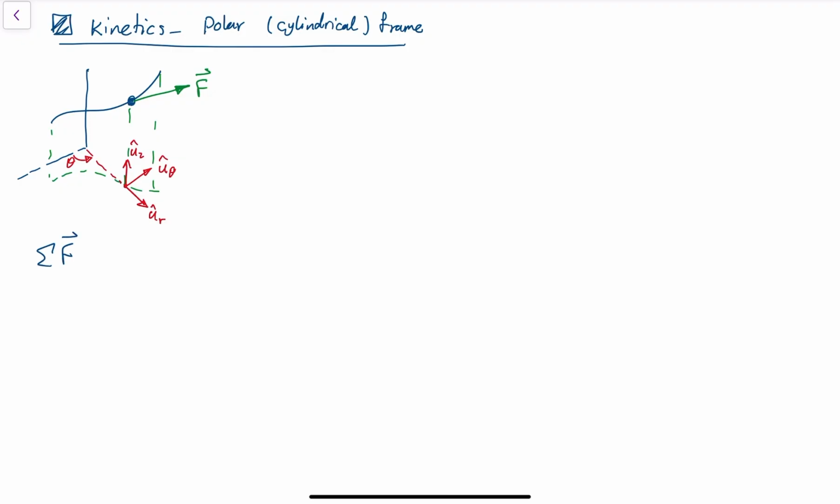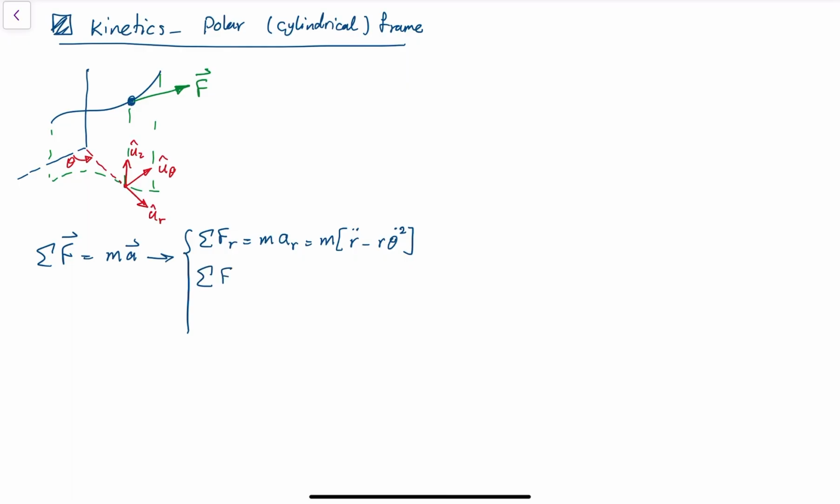So if you have force equals mass times acceleration, you can decompose it along the three axes. Sum of forces in the radial direction equals mass times acceleration in the radial direction, and we saw it was r double dot minus r theta dot squared.